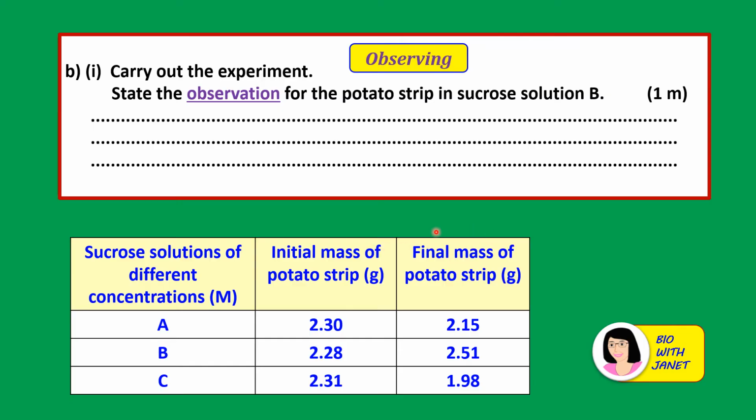Actually, the observation has to do with the final mass, but we can also write down the initial mass. So your RV is the final mass here. You have to state the value, the reading, okay? But take note that it's for sucrose solution B, so it's the second one here.